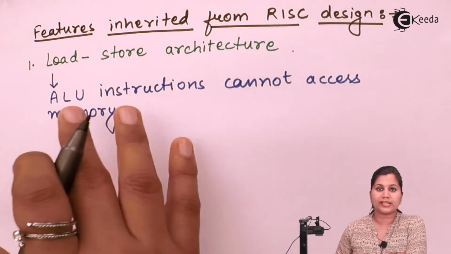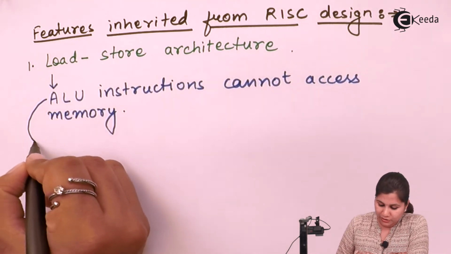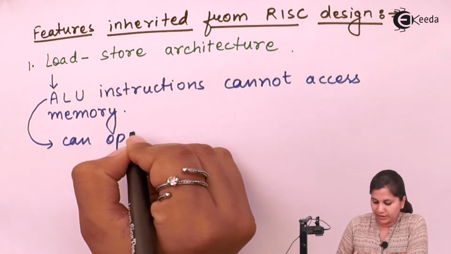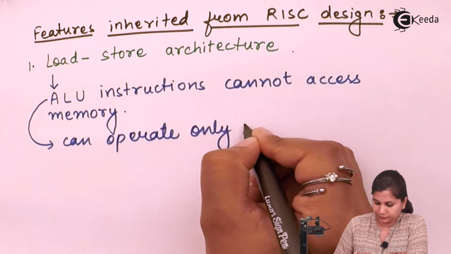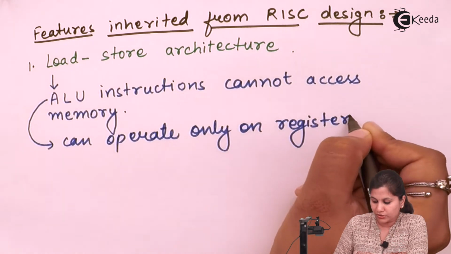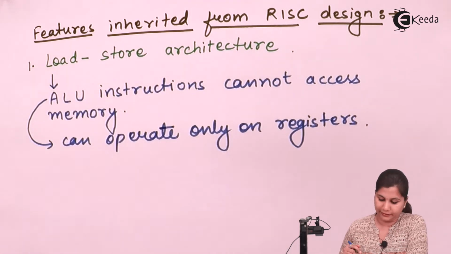If we want to perform these instructions, they can operate only on registers. Registers are present in the processor, so on those registers only the ALU instructions can be operated.